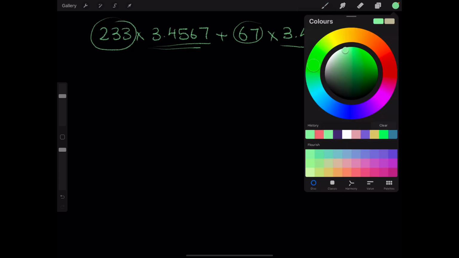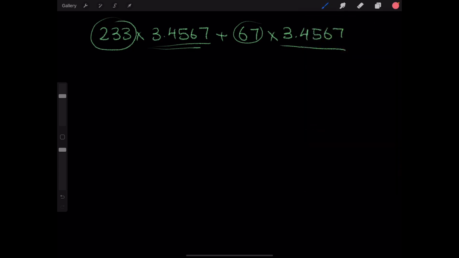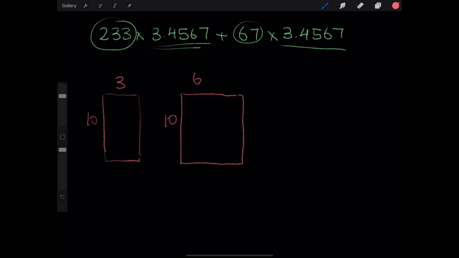All right, so if I go and draw this, in your case, you have 3 times 10, and we're going to draw it as an area. And you have 6 times 10. Then how might you use the area model to see what we're talking about?